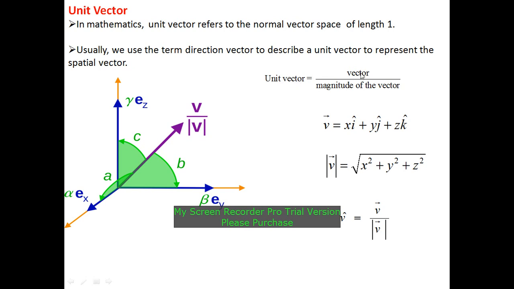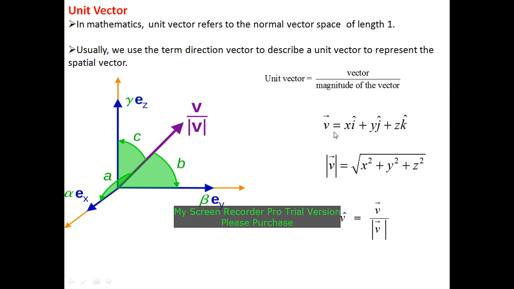The equation of a unit vector is vector upon magnitude of vector. Suppose our vector is xi plus yj plus zk, and you know that x, y, z are the magnitudes considered from these three axes, and i, j and k are the representation of a vector. So xi, yj and zk are also known as the components of a vector. It is in three dimensions, that is why it is i, j and k.